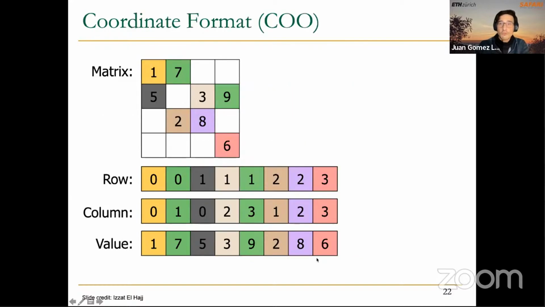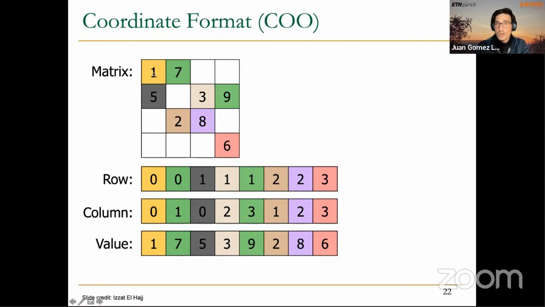The first format that we cover today is probably the simplest one and the easiest to understand. If this is our original matrix in dense format representation, one thing that we can do to store only the non-zero elements is to store the value of each non-zero element and create a 3-input tuple that contains the value, the row, and the column where this value is placed in the dense representation.